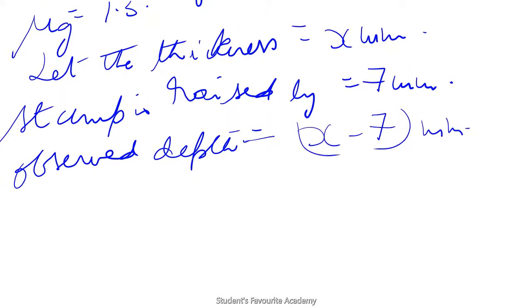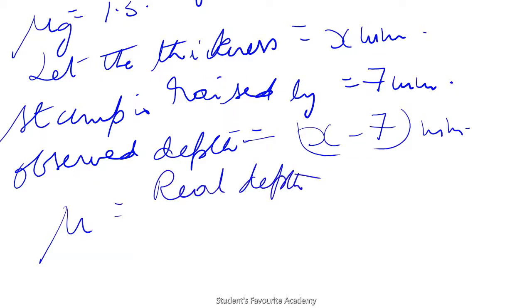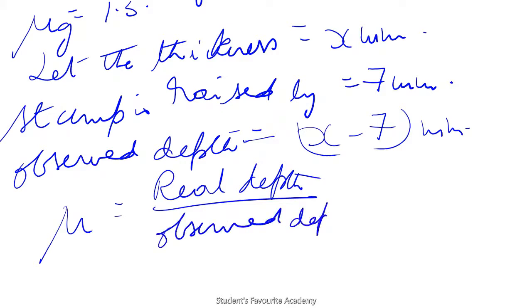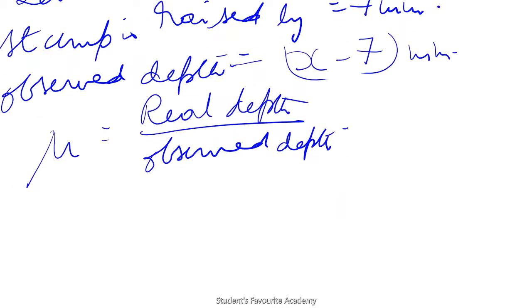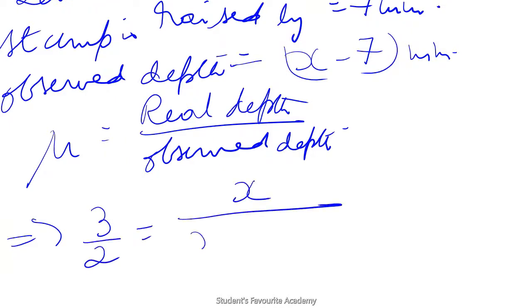Now refractive index mu is equal to real depth upon the observed depth or the apparent depth. So now refractive index is given as 3 upon 2, real depth is x, observed depth is x minus 7.